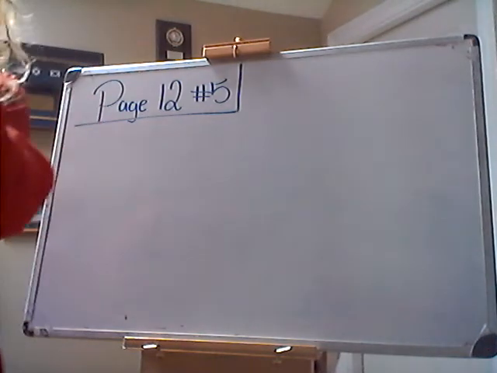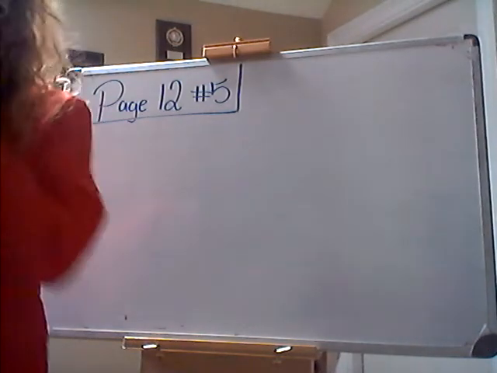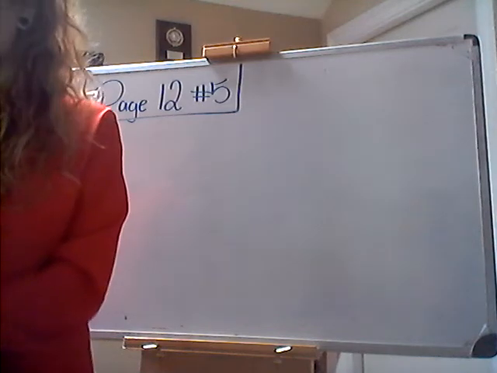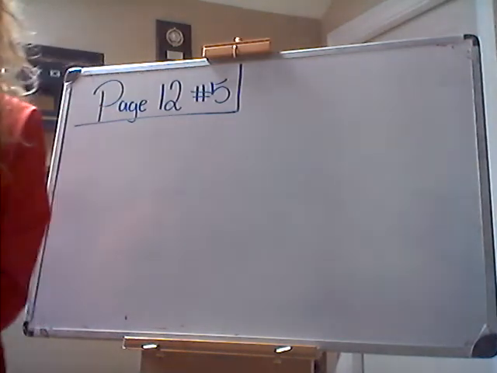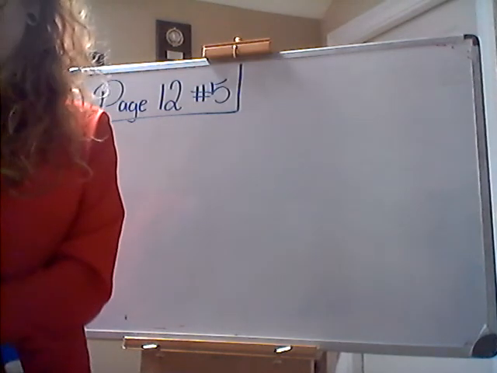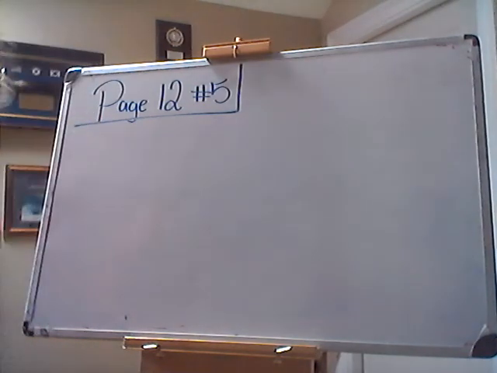Jason runs 440 yards in 75 seconds. At this rate, how many minutes does it take him to run a mile? In the note there, it says that 1 mile is 1,760 yards.